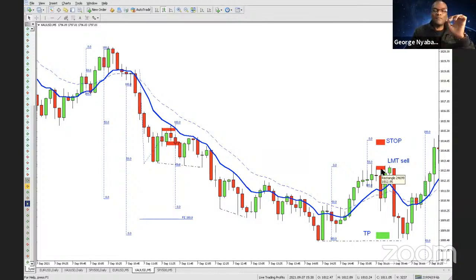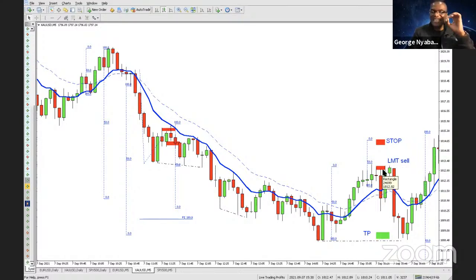So all I did was say, okay, I'm going to put a limit order. My whole thesis at this stage is that the bears are strong. The market is selling off, so the bears are strong, and that selling off is at a measured move. Fantastic. So there's resistance there, and it's a lower high, etc. So if the bears are strong, here's my thesis.